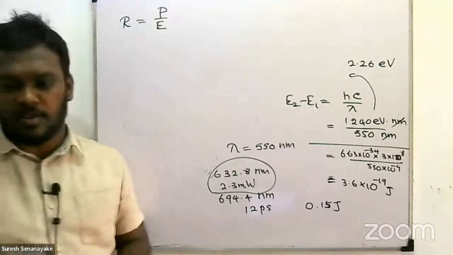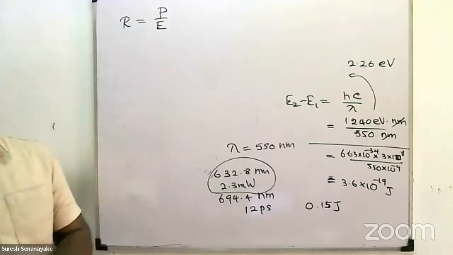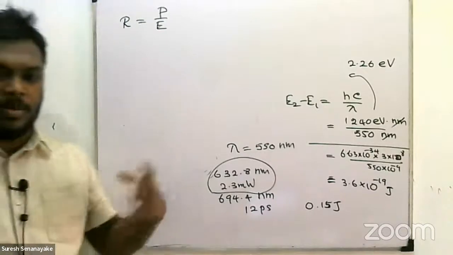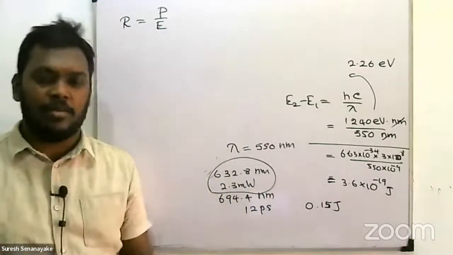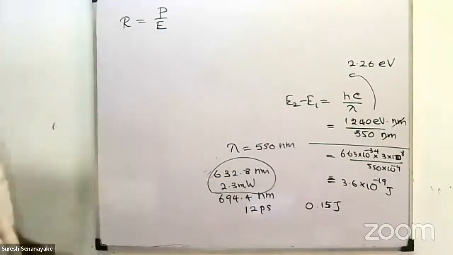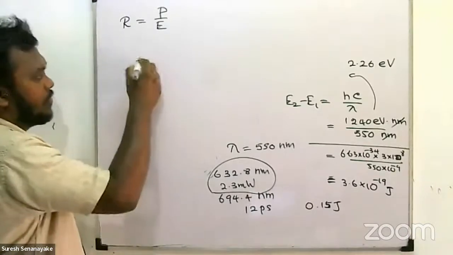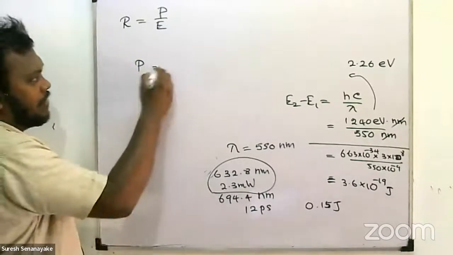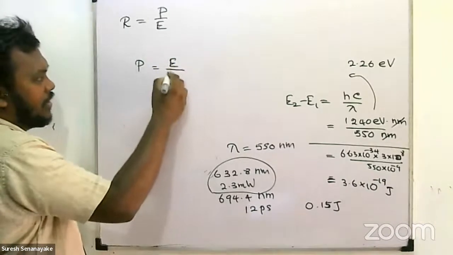Total power divided by the energy of one photon gives how many photons are emitted per second. Power means energy per unit time.